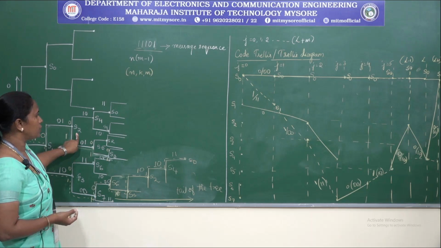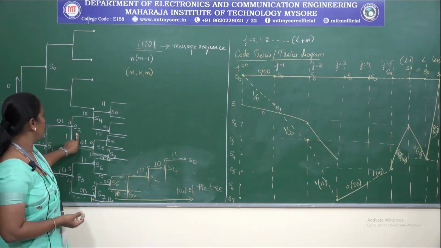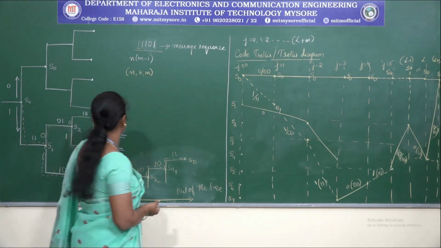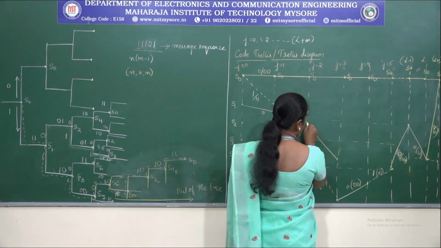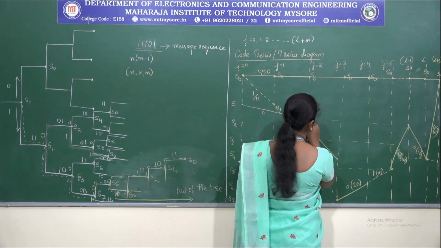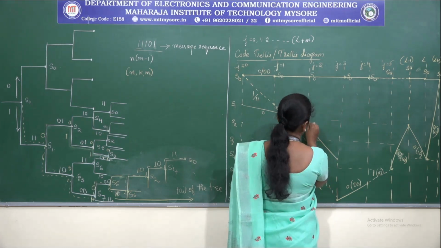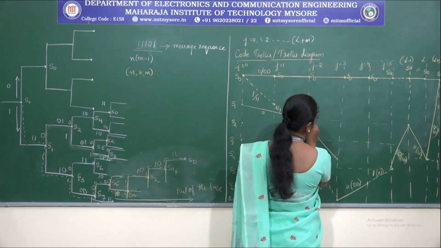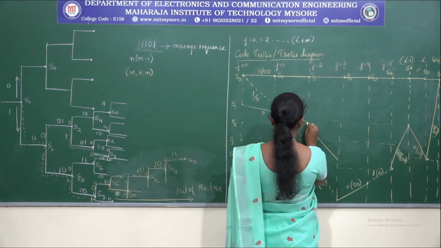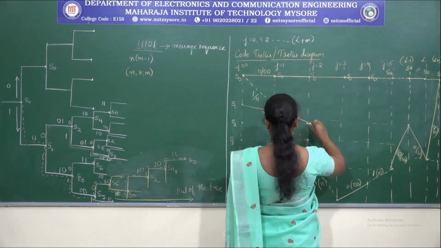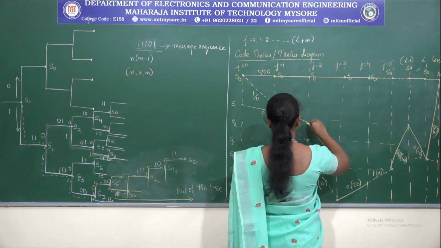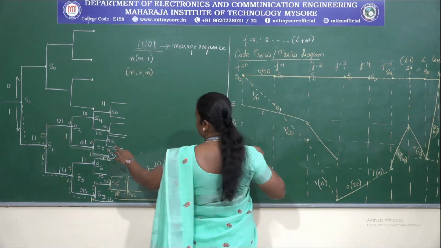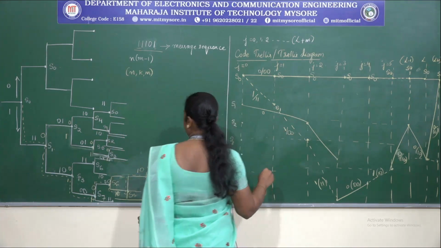So S2 with input 0 reaches S4 of the fourth stage. That means this is your S2, and S2 to S4 is already represented.